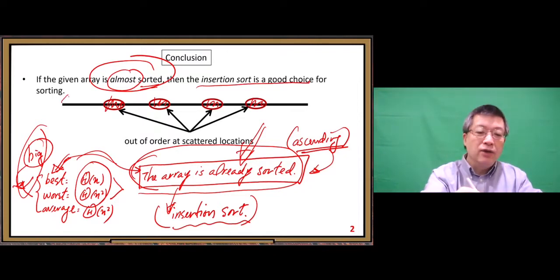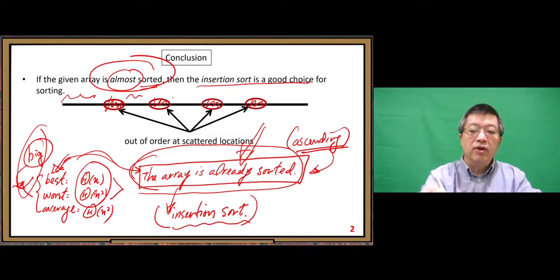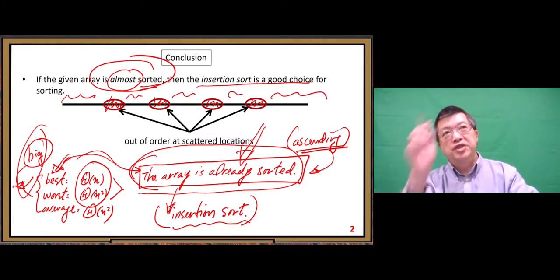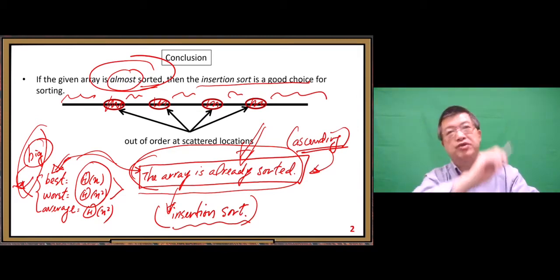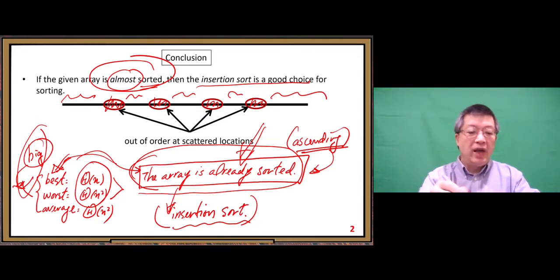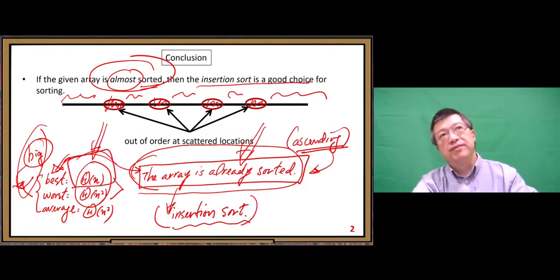Other than that, the most other parts are already sorted. So this time, if we use the insertion sort, we can get efficiency close to big theta of n. So that's some really nice property.